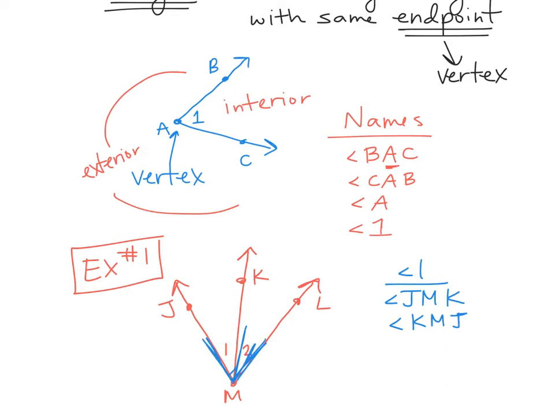So if there are multiple angles coming off of one vertex, you have to use 3 letters, or you have to use a number. So just be careful with that when you are naming angles. Any questions on how you name them? Okay, so if you're uncertain, the safest way to name an angle is to use 3 letters, if you want to play it safe.